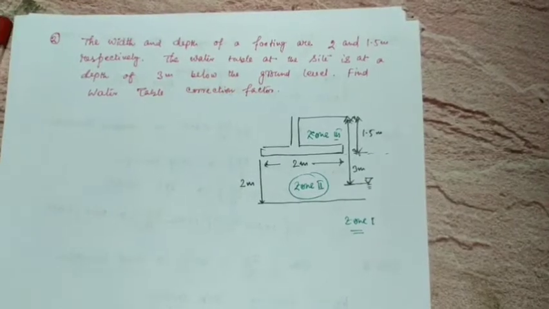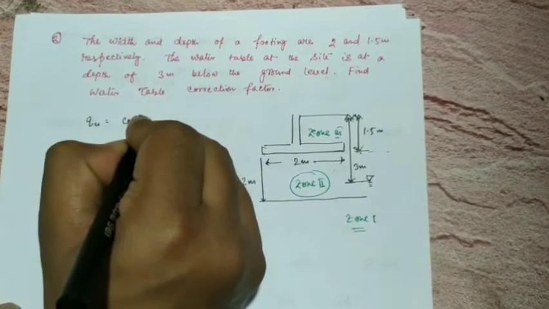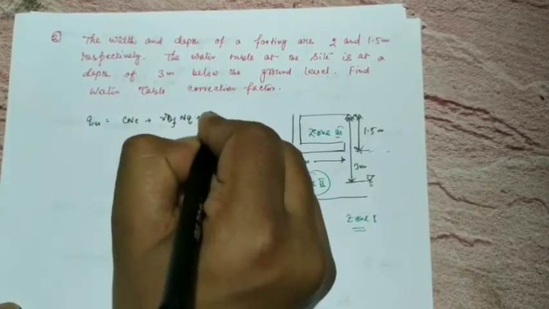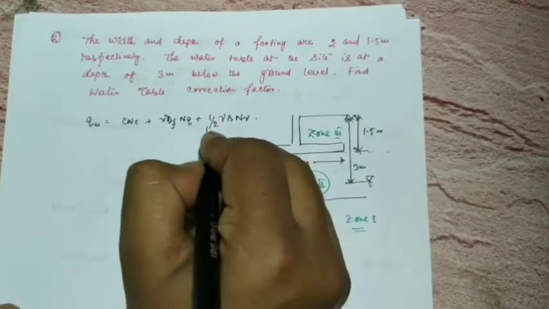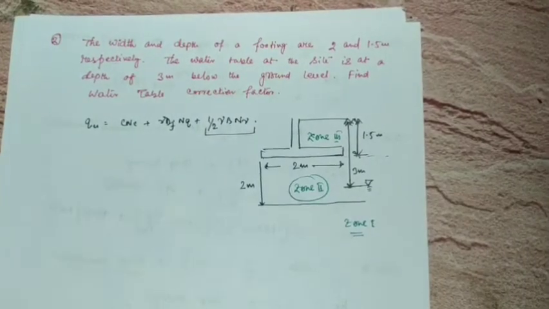The equation of ultimate bearing capacity is cNc plus gamma Df Nq plus half gamma B N gamma. So there will be a change because the water table is present in the third zone.